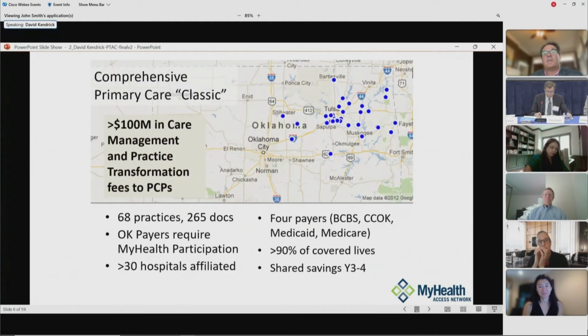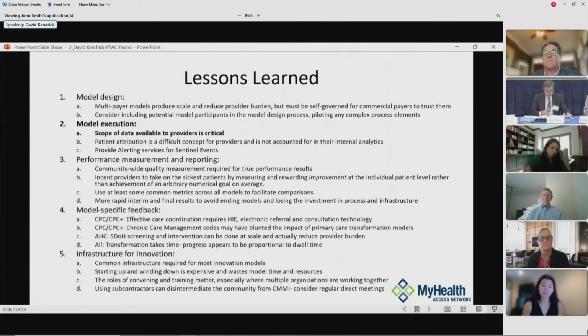In CPC Classic, of course, we had multiple payers, and one of Dr. Zimmerman's principles, most of the patients in every participating practice were in the model, and that also brought lots of infrastructure to bear. However, it also created a burden for community convening and governance to help those private commercial payers work together with one of the largest federal government agencies to do this work. Next slide.